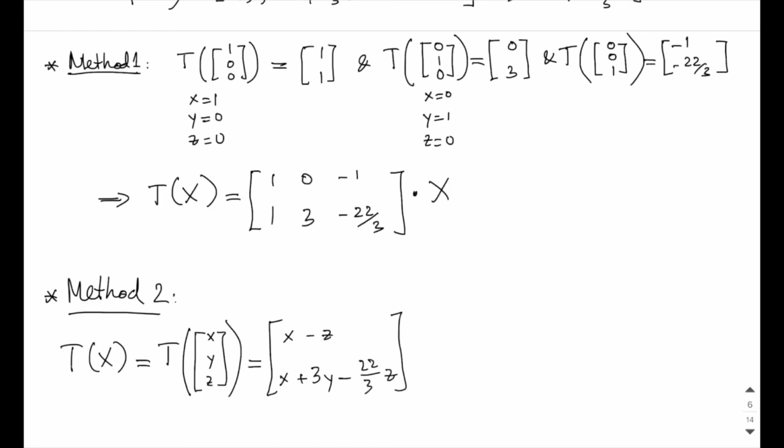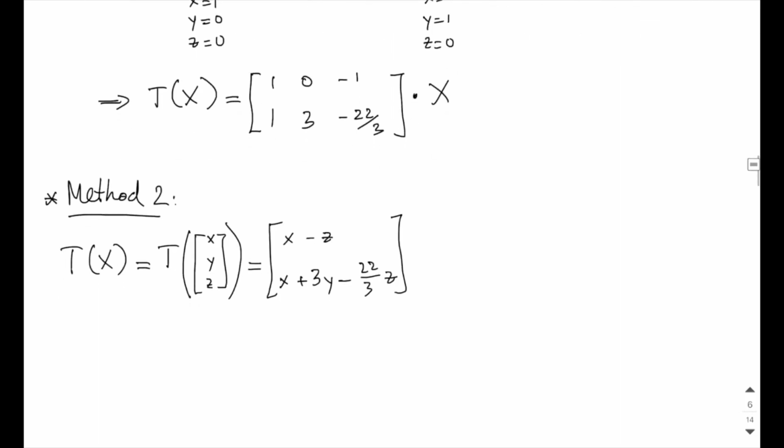Now we are going to perform as if we are finding the spanning vectors for some vector space, right? So we are going to split x out of y, and then split y out of z as well. So 0y, 3y, and then plus negative z, negative 22/3 z.